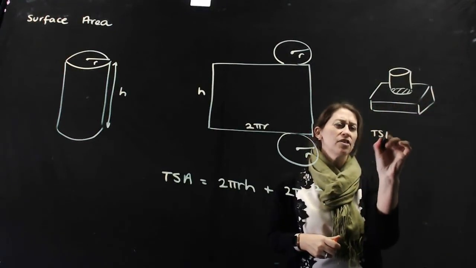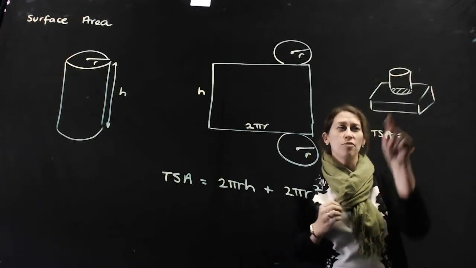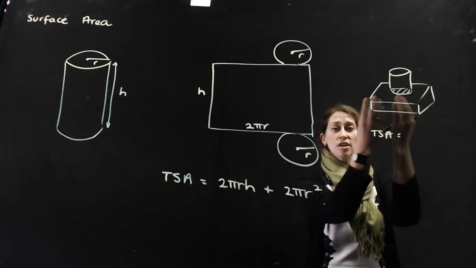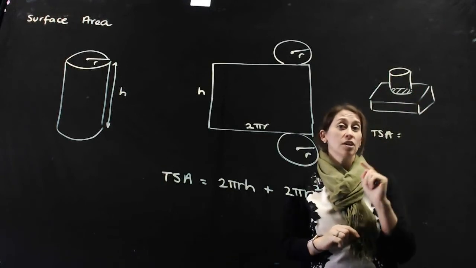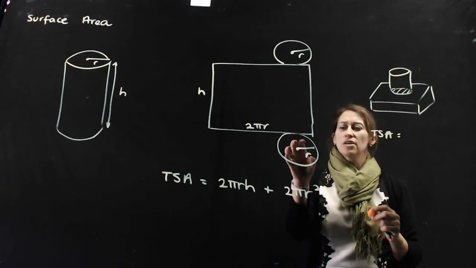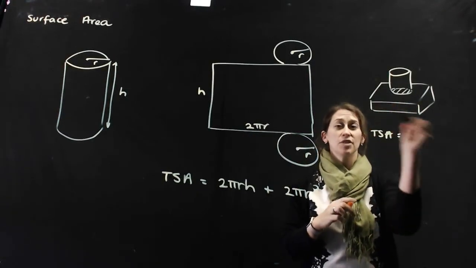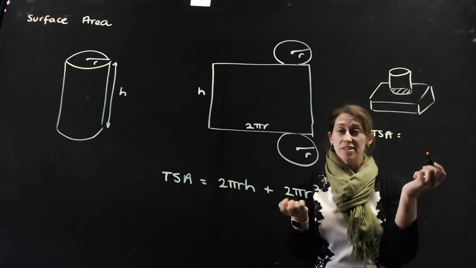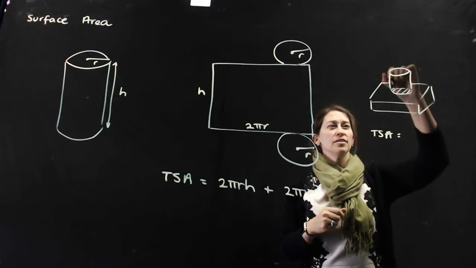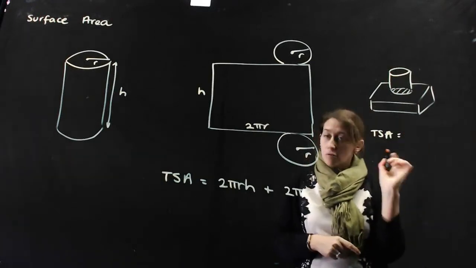So the total surface area of this shape would be the entire surface of the rectangular prism plus the curved surface of the cylinder only. We wouldn't add the two circles because this circle here is taken up by the total surface area of the rectangular prism, and obviously that is counteracting this one here. I'll write this in words.